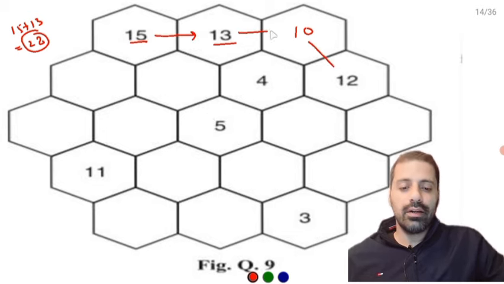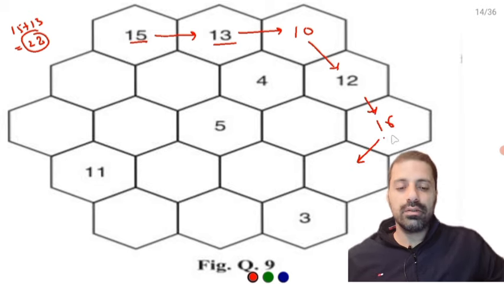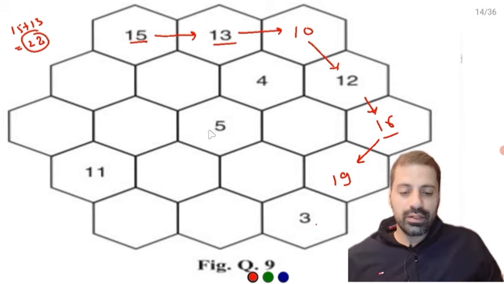Now 10 and 12. First we go from here to here and complete this. Now 10 plus 12 is 22, and 22 and 16 is 38. Now we complete this way. Now complete this way. 16 and 3 is 19. So 19 will come here. Okay, my dear students.